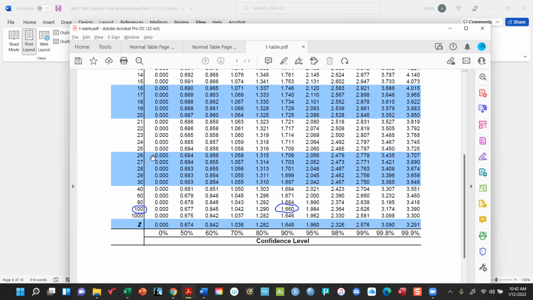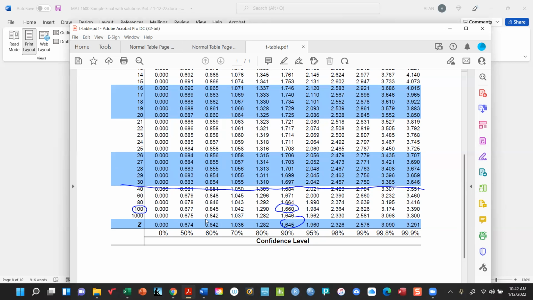The difference is so trivial that we don't really have to concern ourselves with it. That's one of the unfortunate things about these t-tables, though. The problem is that there's only so much room there. And so there's a tendency, once you get past, let's say 30 or 40, they tend to do this. But here's why. Once again, because when you get past 30, it's not that important to distinguish between the t and the z distribution anyway.